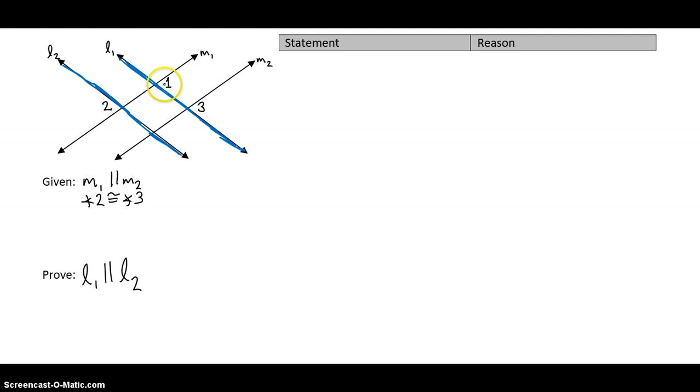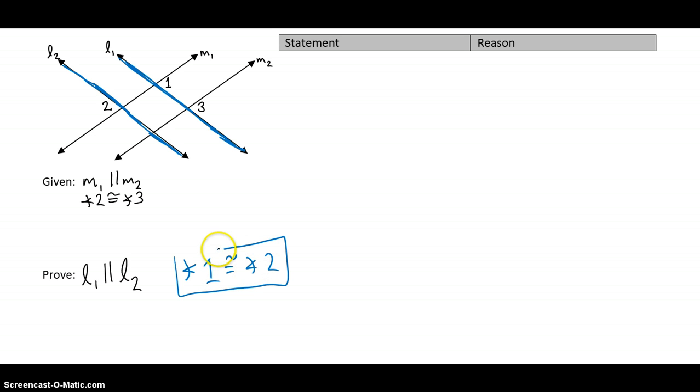So if we could show that angle 1 is congruent to angle 2, then by the alternate exterior angles converse, our lines will be parallel. Ultimately, our goal in this proof is to prove that angle 1 is congruent to angle 2.